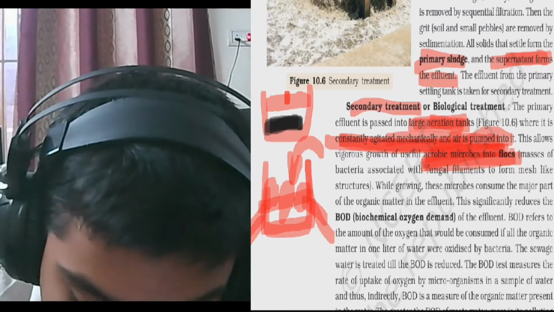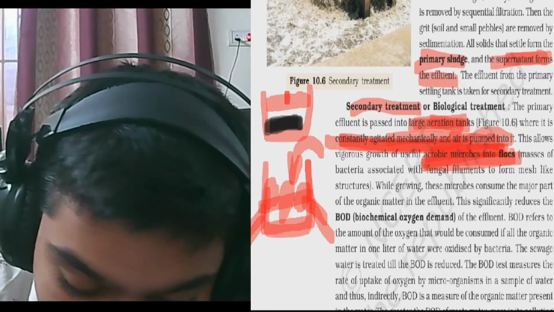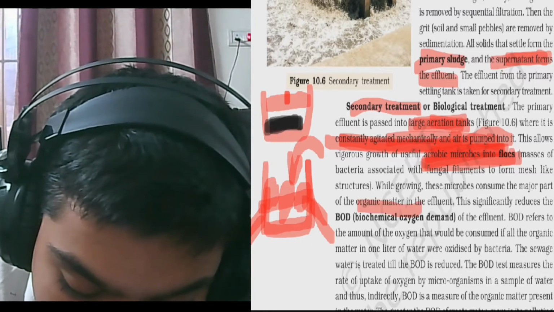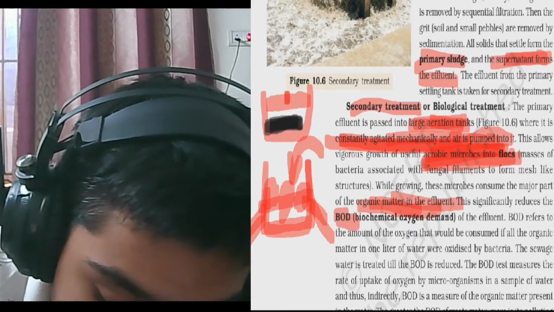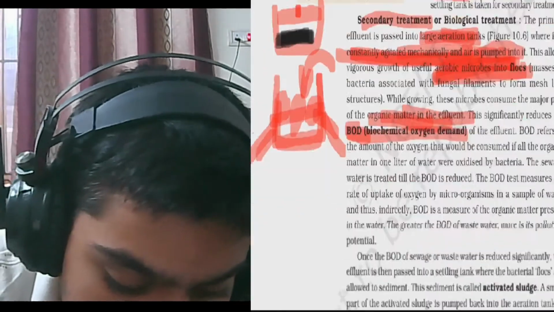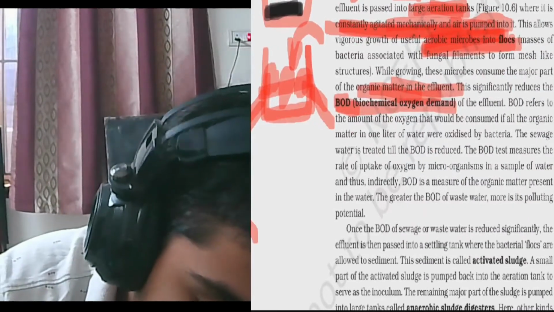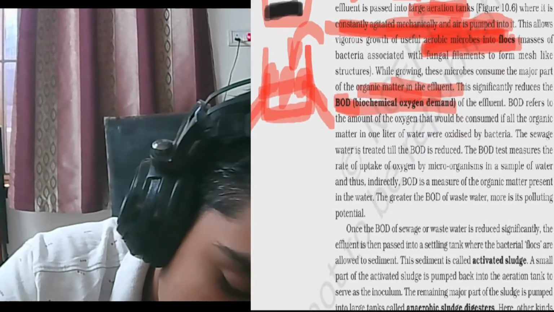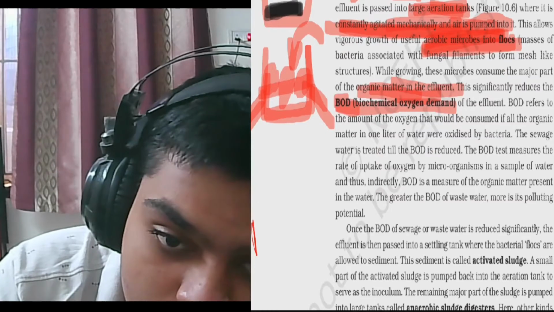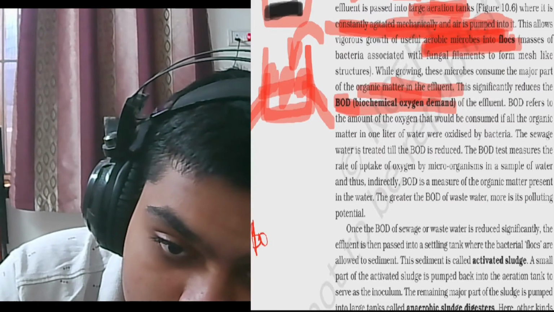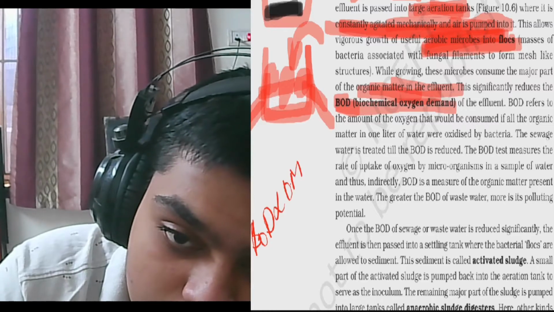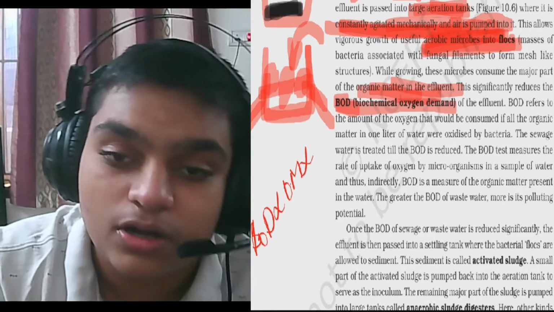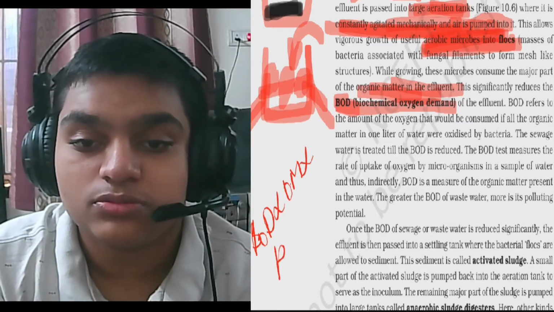Now, while growing, these microbes consume a major part of the organic matter in the effluent and significantly reduce the BOD, biochemical oxygen demand. We have seen that BOD is directly proportional to organic matter, which is directly proportional to pollution.